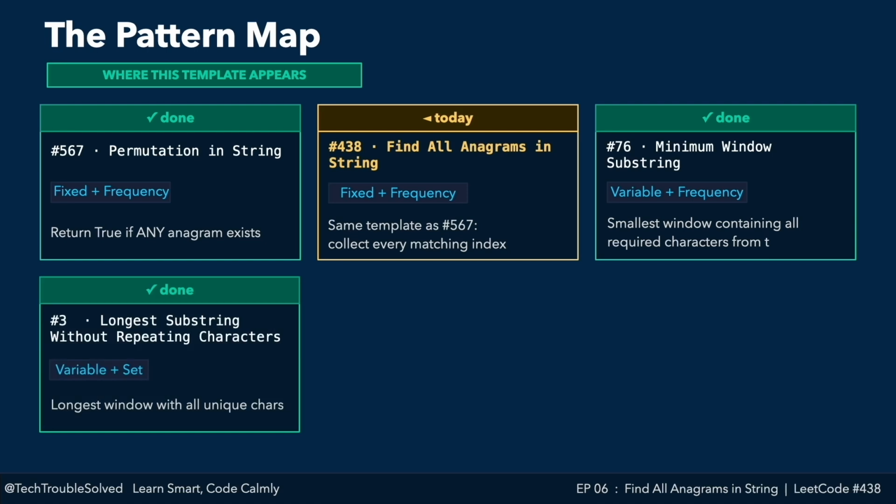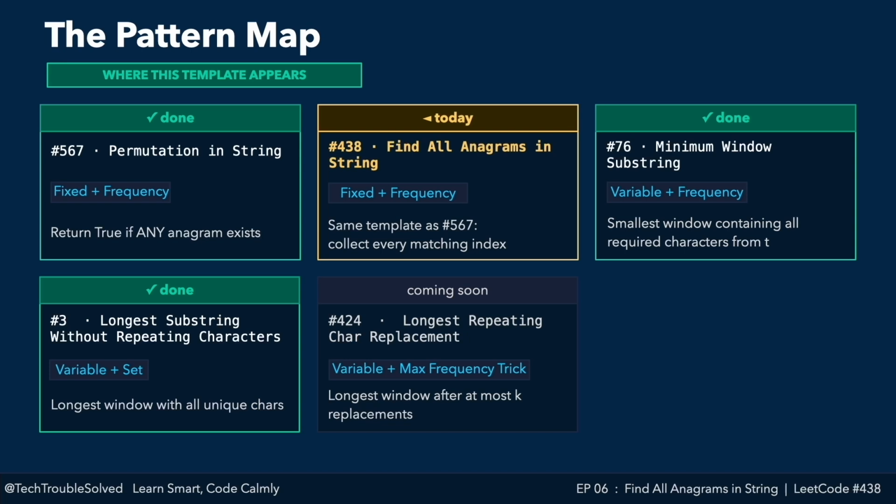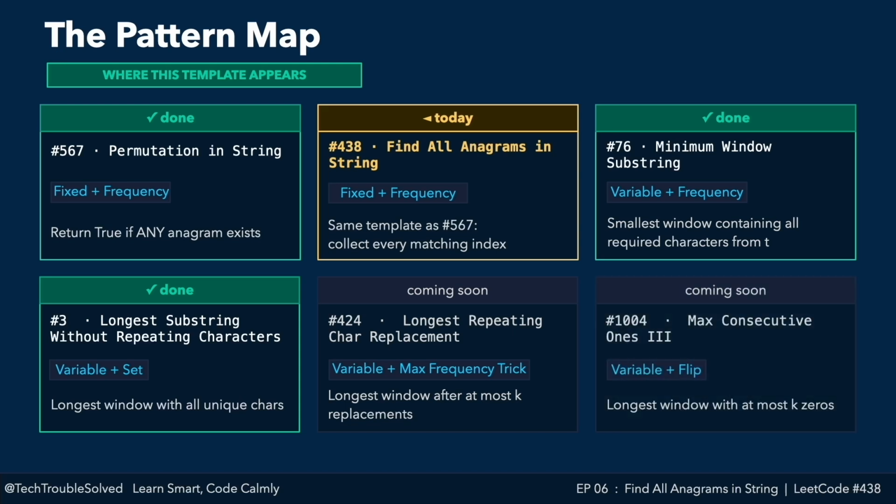LeetCode 3, longest substring without repeating characters, variable window, set, done in episode 3. LeetCode 424, longest repeating character replacement, coming in episode 7. And LeetCode 1004, max consecutive ones 3, coming in episode 8. Same underlying idea, different constraints. Master the pattern once, you unlock all of them.